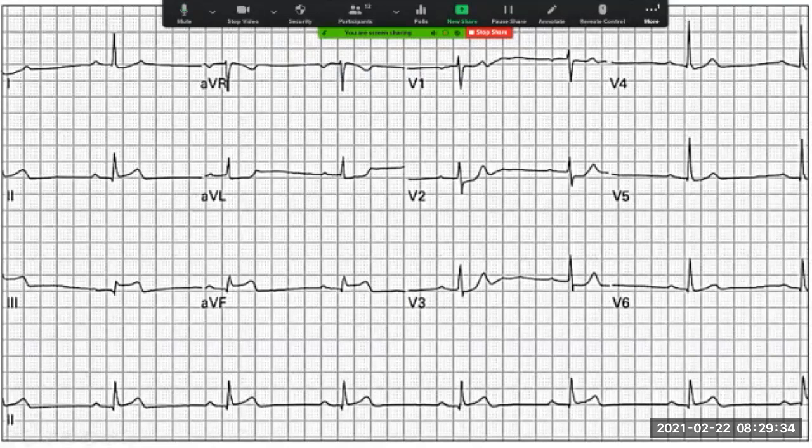When you've got an ST elevation in lead 3 that's higher than lead 2, it means that this is not just an inferior infarct or inferior ischemia, it's also spreading to the right-hand side. It's what they call a rule of thumb. It doesn't guarantee it, but there's a very high chance that that's what is happening over here. So we don't just have an inferior MI, we've also got a right-sided MI. But don't get stressed, we're going to learn about all of this in the upcoming slides.